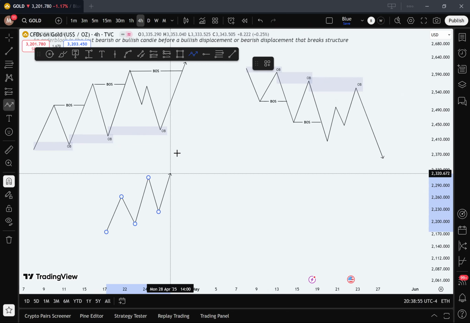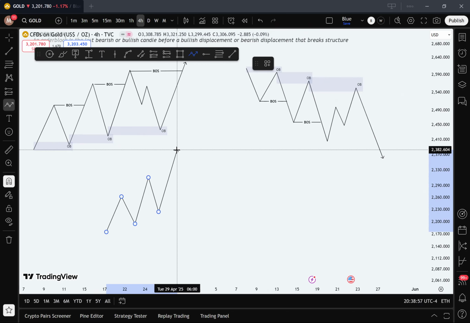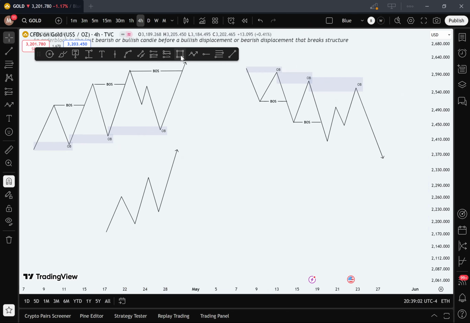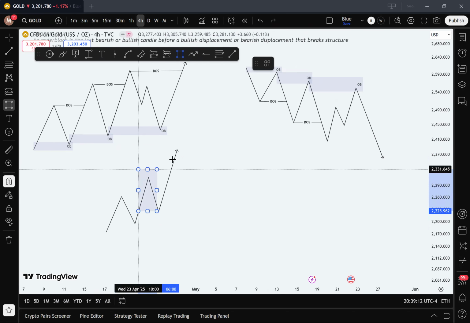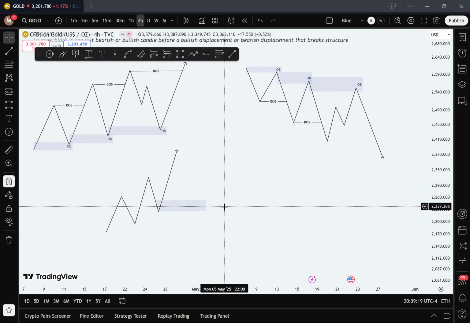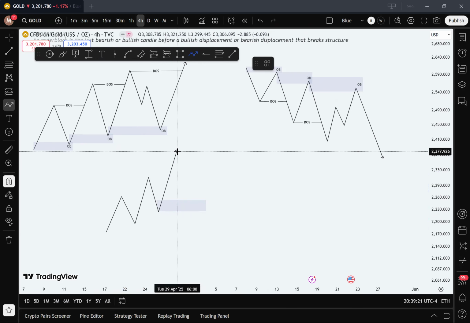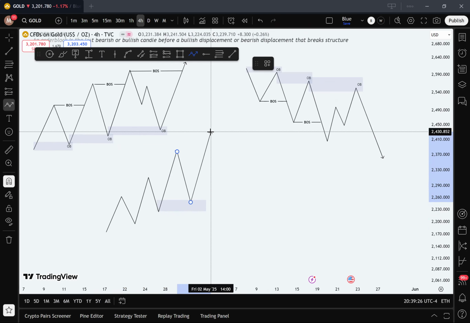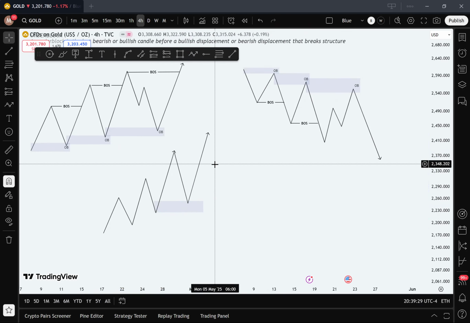When price moves up to break structure, when price creates a new higher high right there, that last bearish candle before that move that broke structure is your order block. So what you're waiting for is for price to come back to that level and do what? Continue the trend higher.